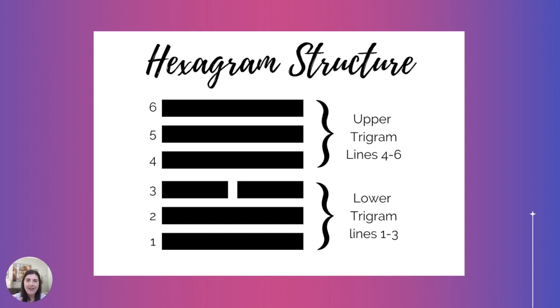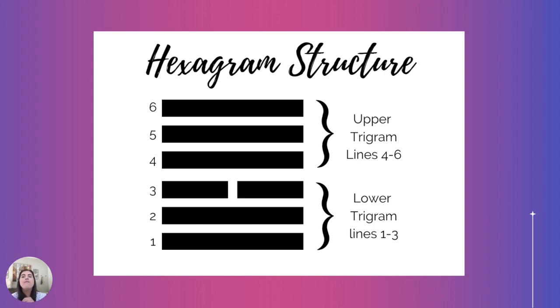The second line is the natural expression. That second line is the natural expression of that gate. So how that naturally just expresses itself. The third line is the mutation or evolution of the gate.